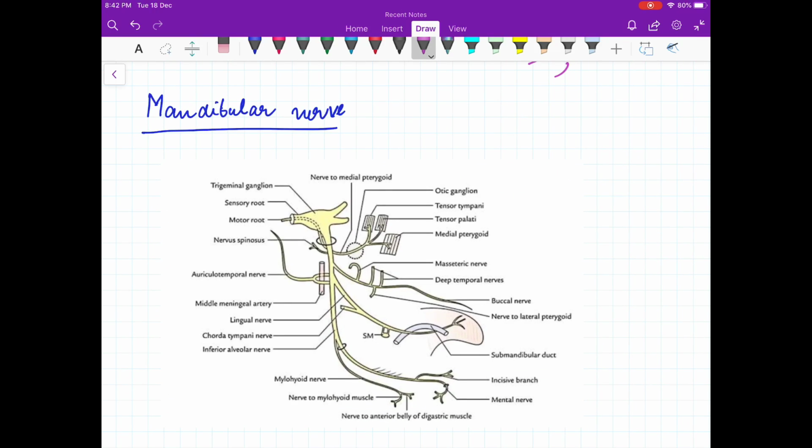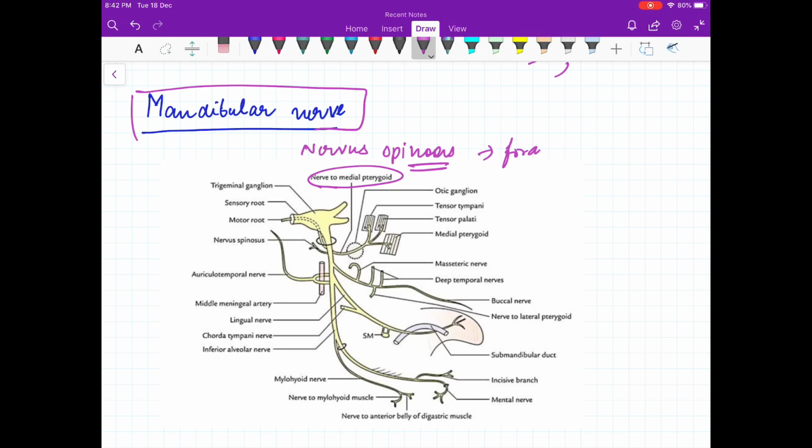Now friends, I will discuss with you the mandibular nerve. From the main trunk of the mandibular nerve, you get the nerve to medial pterygoid and nervus spinosus, which is a meningeal branch of the mandibular nerve passing through foramen spinosum.